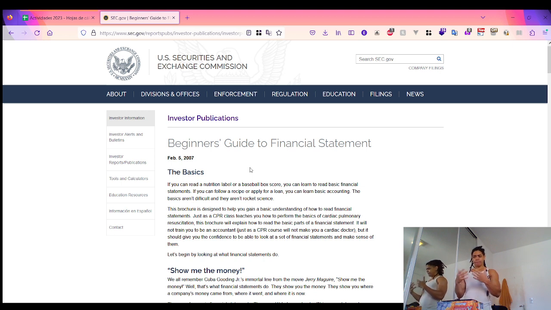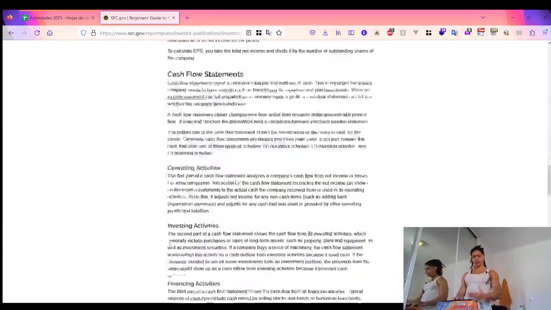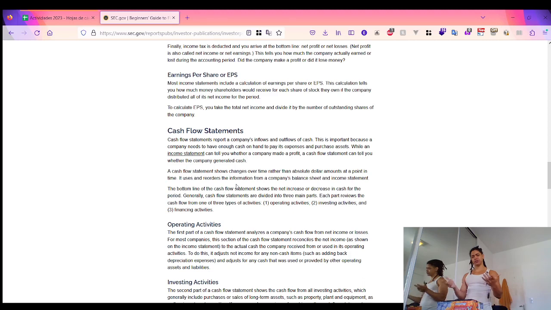So right now, I'm just going to jump straight forward to the cash flow statements and mention that it's a report that shows the company's inflow and outflow of cash. And this is very important because a company needs to have cash on hand to pay its expenses or purchase assets.